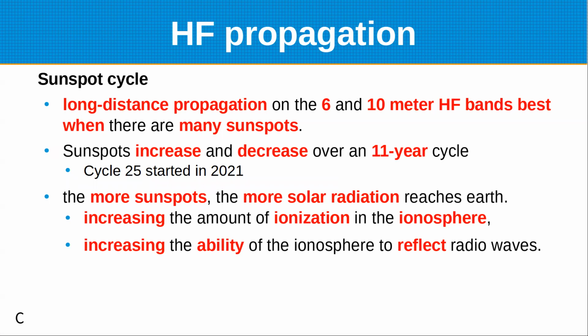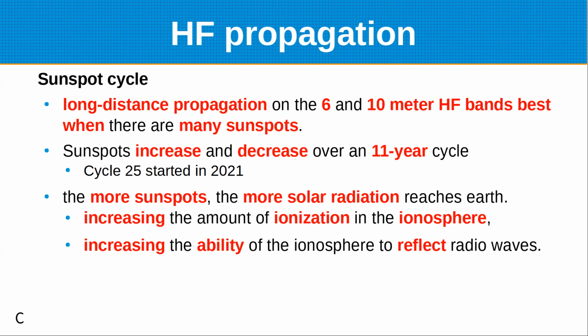It's an 11-year cycle. We're currently in, I think, year 3. It's going up now, getting better. So we'll be peaking here in another couple years. This is the 25th cycle since they started counting them, because it's been going on for a long time, actually.